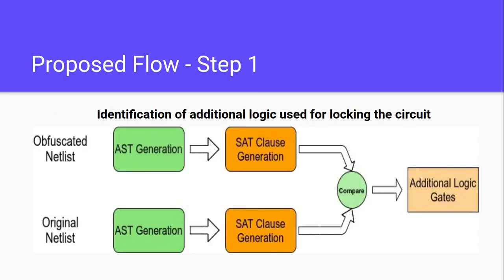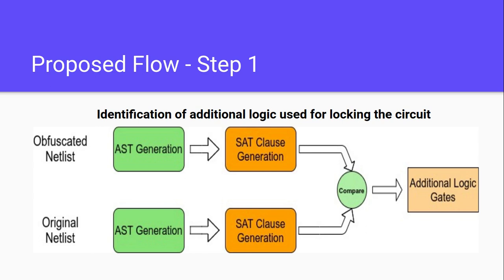I now move on to the first step of our proposed algorithm, which is the identification of additional logic used for locking the circuit. As can be seen in this diagram, we take the obfuscated netlist and the original or the Oracle netlist and generate the abstract syntax tree for each of them.